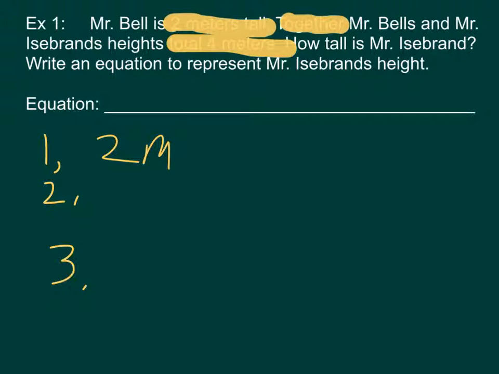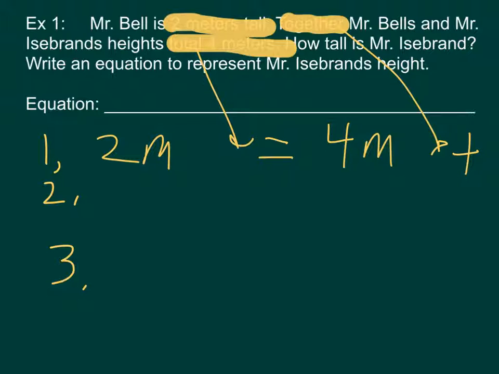We have total. Total tends to mean equals, and then we have 4 meters. We also have this word together, and together has a tendency to mean addition. As you did in your synonyms, you know that together often means addition.